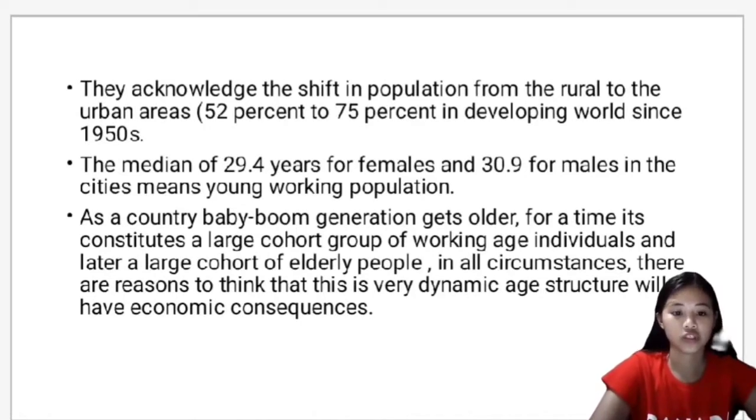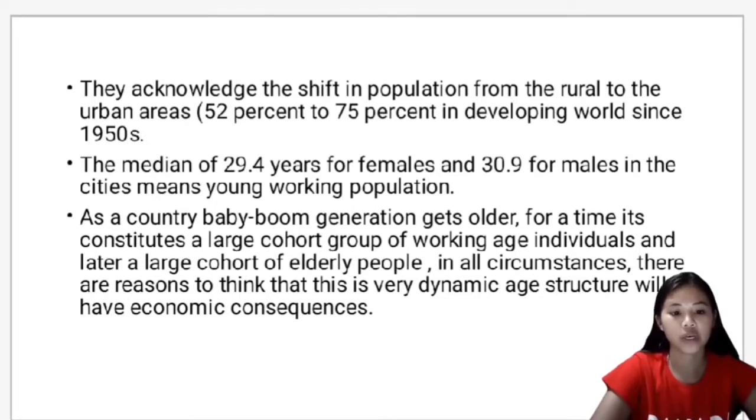They acknowledge the shift in population from rural to urban areas, from 52% to 75% in the developing world since the 1950s. The median age is 29.4 years for females and 30.9 for males in the city's young working population.